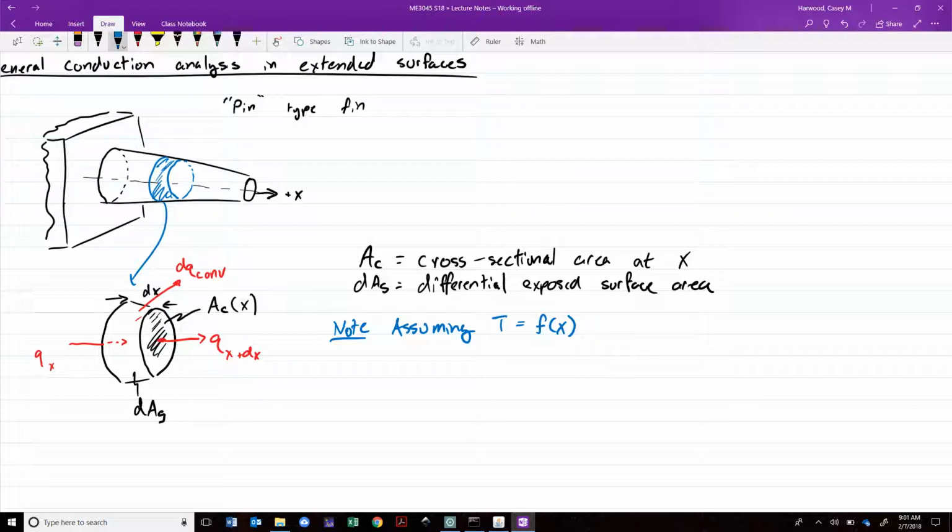That is, the temperature across each of these faces is going to be assumed constant. This saves us from the trouble of solving this in two or three dimensions. And it's also usually a really good assumption whenever you have a fin where the thickness, or in this case the radius, is a lot smaller than the length. So this is a good assumption for long, thin fins, which is generally most types of fins that we see in actual engineering practice.